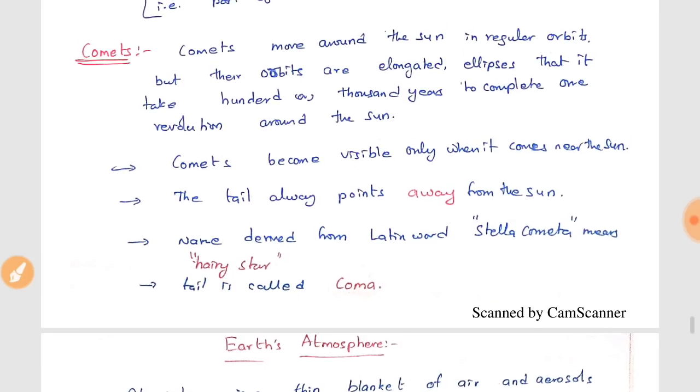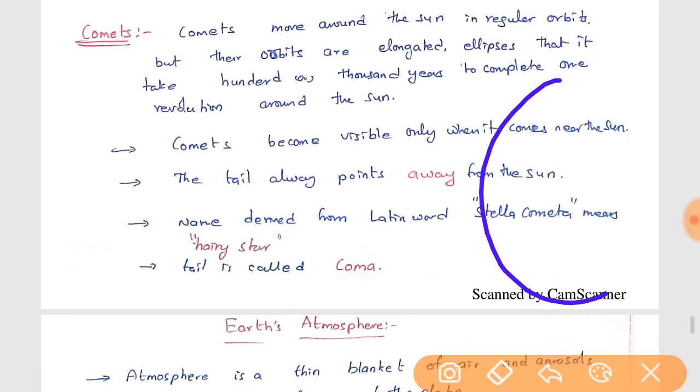Suppose this is the sun, friends, and the comet is revolving around the sun in this orbit.